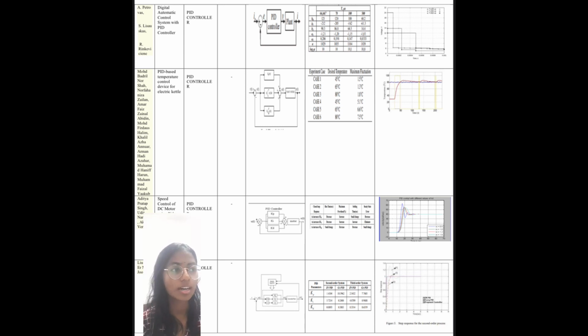The next article is about the design for auto-tuning PID controller based on genetic algorithm, which also uses PID controller, and the parameters stand from the second order system and the third order system.